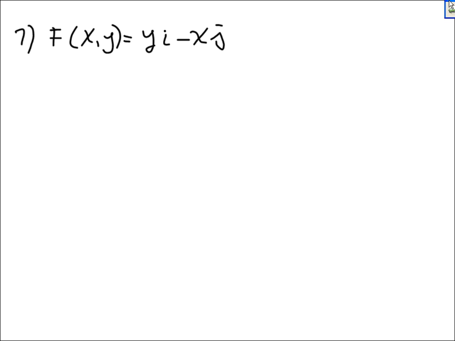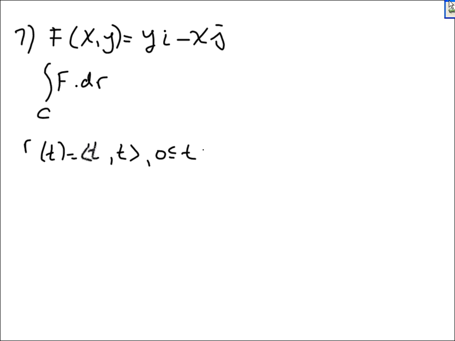Okay, so we want to find the value of the line integral of F dot dr over some path C. And in our case, we're told that the path is t, and t goes between 0 and 1.